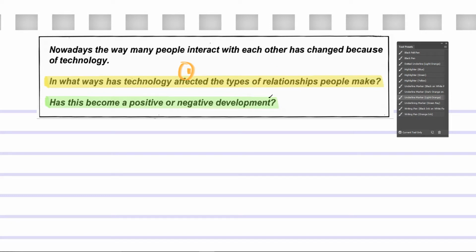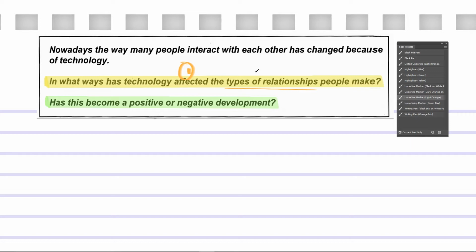When I say types of relationships, now relationships can be categorized in a number of ways. We can either categorize relationships according to the media, face-to-face relationships, personal relationships, virtual relationships. Or we can also categorize the types of relationships according to where we form or maintain relationships.